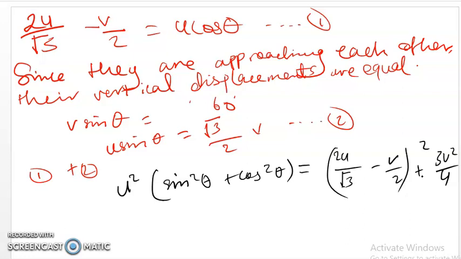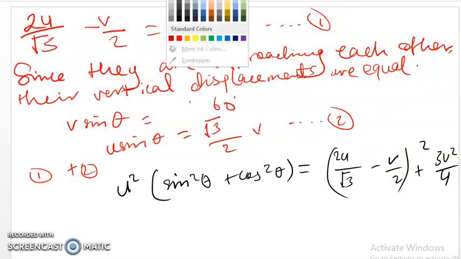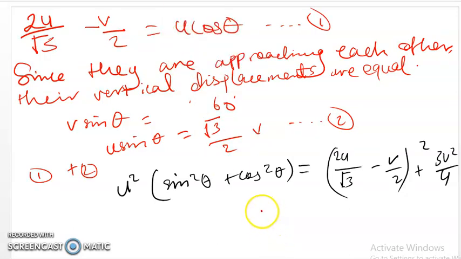Now if we try to solve this, if we open up this bracket and do cancellation, we will end up with v equals u divided by root 3, and this will be the solution to this problem.